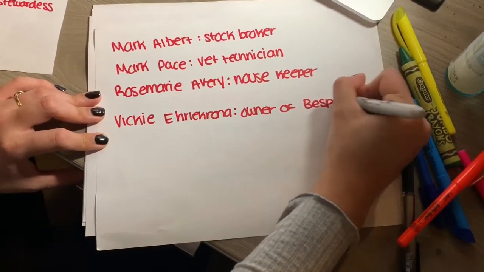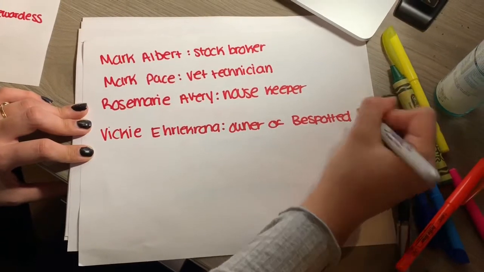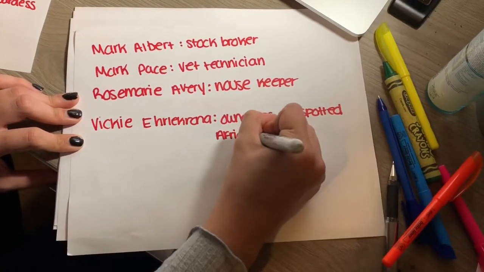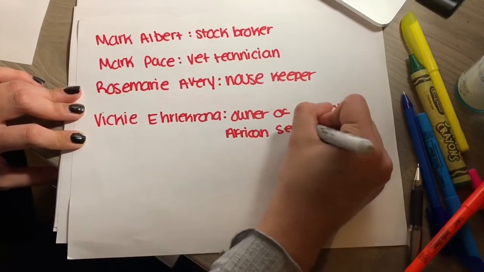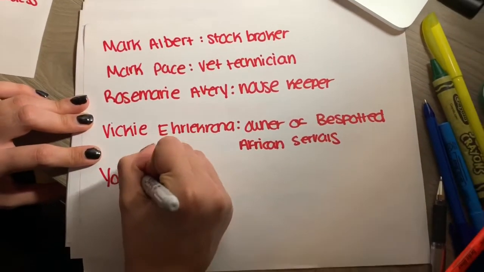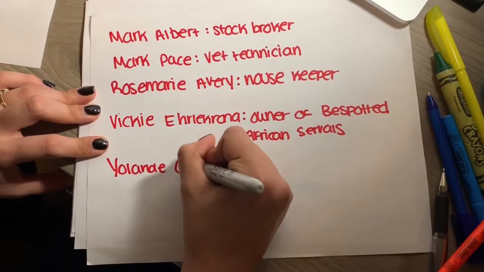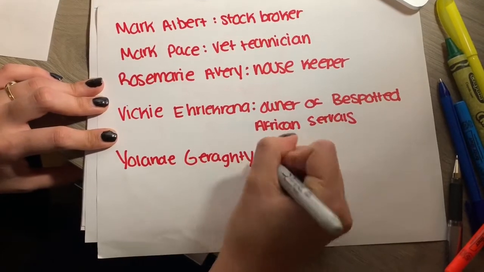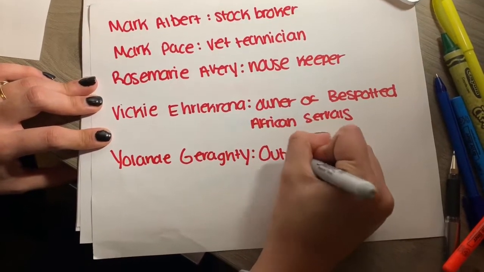And Rosemary Avery, a housekeeper, infected during a flea infestation at Mark Albert's home while sitting for the owner's house. Vicky Ereclucrona, our patient 0, owner of the bespotted African servals, infected during the flea infestation. And Yolande Grotti, an outdoor enthusiast who took cats on walks, infected during a flea infestation at her residence as well.